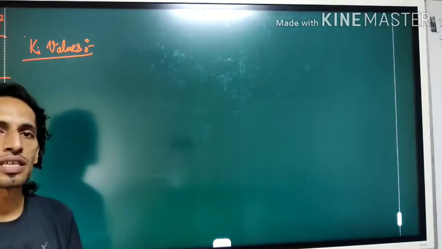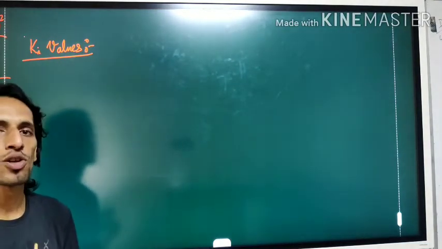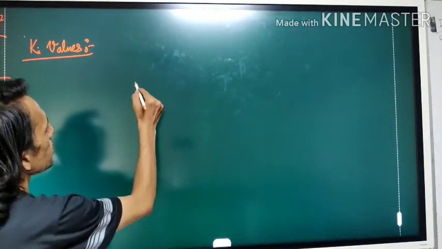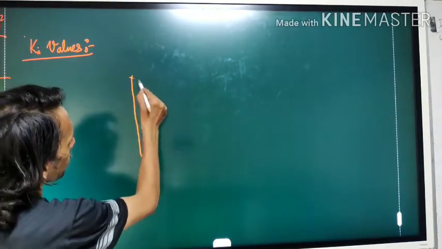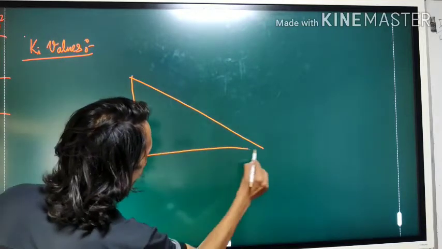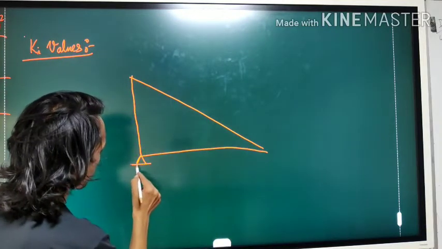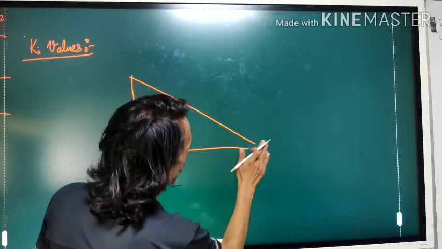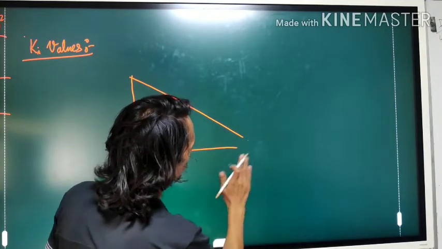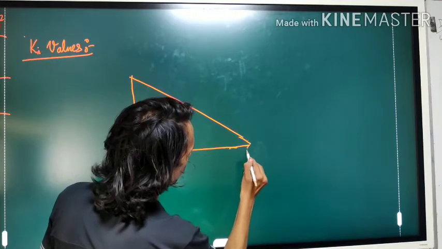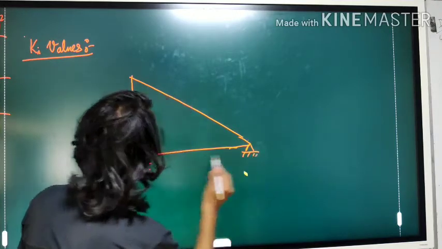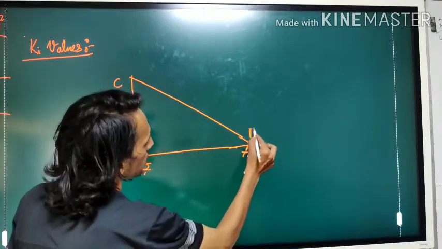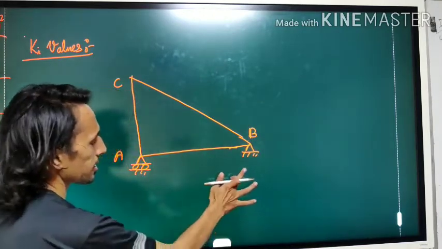Unit load means the value of load should be 1 unit. Okay, so let us draw the initial diagram. This was our initial diagram. This is our initial truss system.